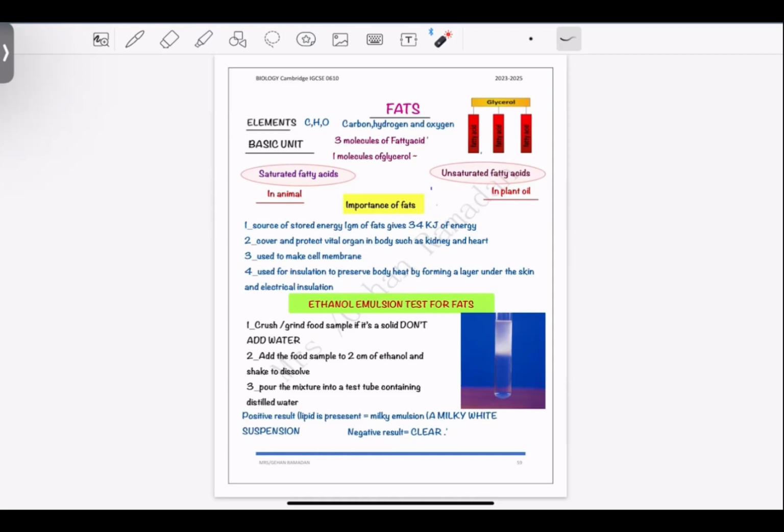And if this sample already contains fat, it will give us a milky suspension or a milky emulsion. Do you get it? So this is the important note about all the food tests we saw in the first part of this session.